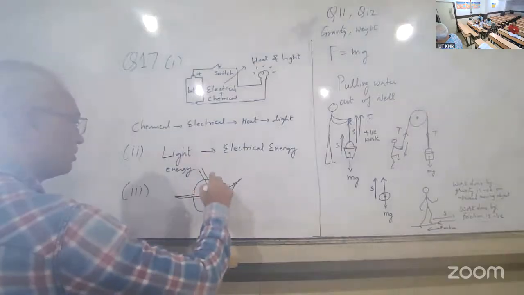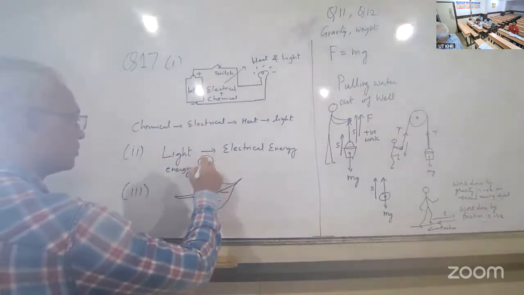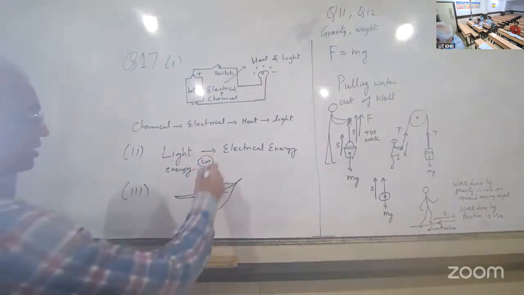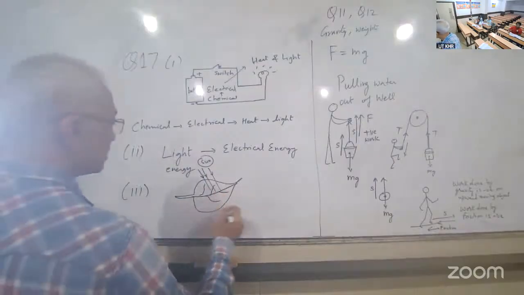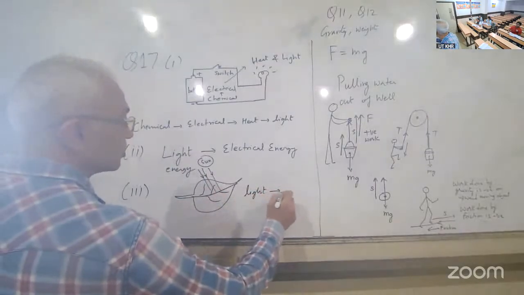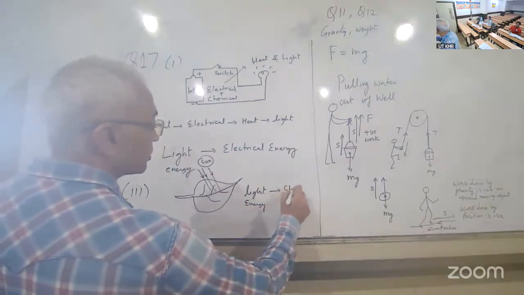Light falls on the leaves from the sun. So light energy to starch, which is chemical. So this is light energy to chemical energy.